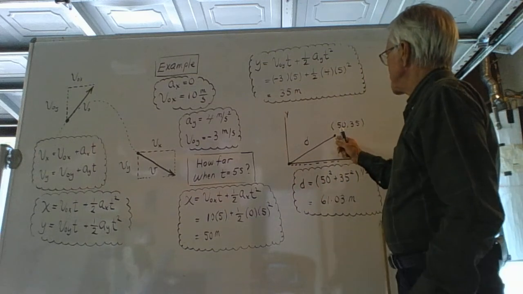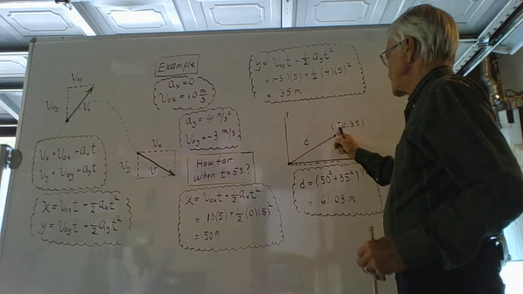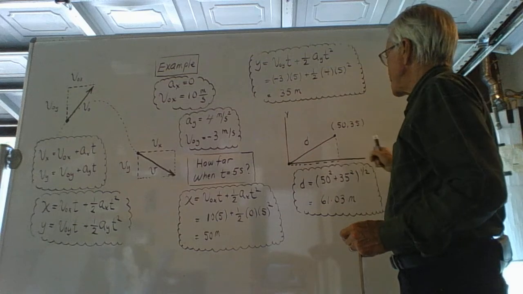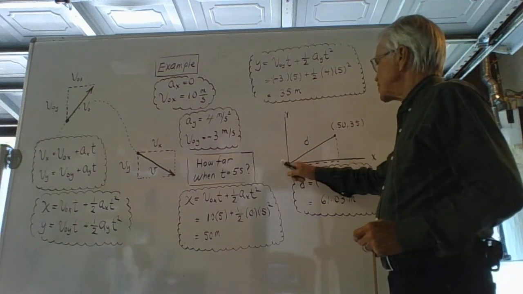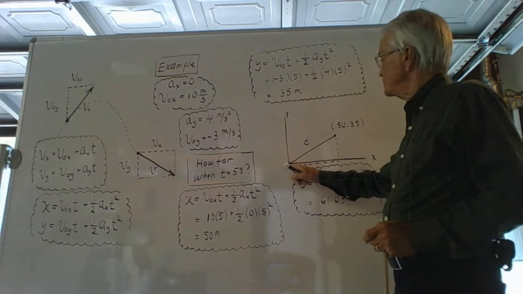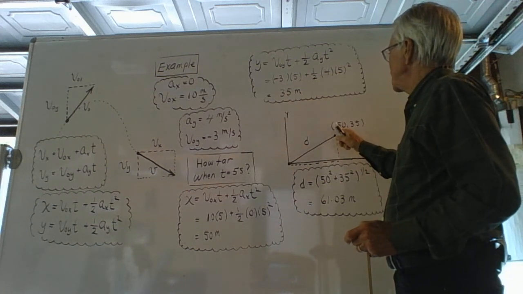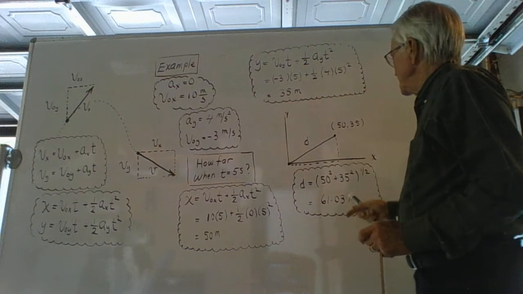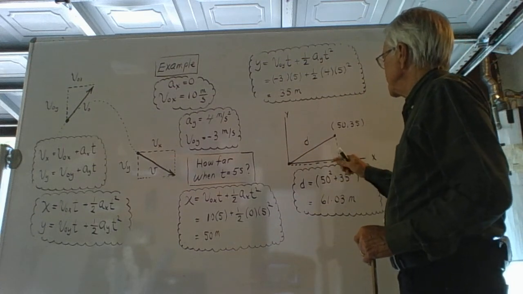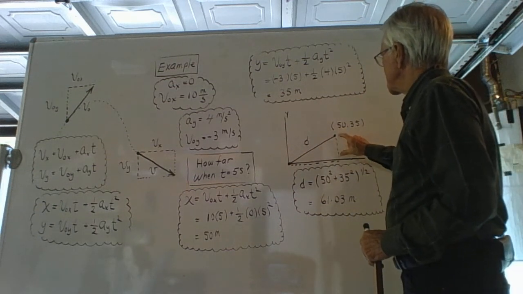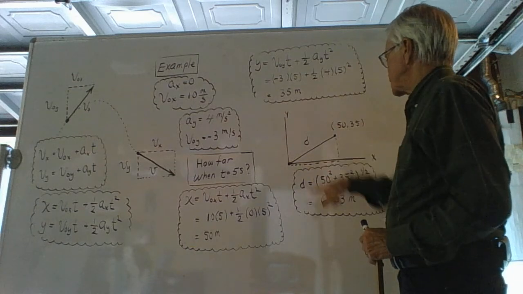And so I show where this object is later on our xy coordinate plane. That's the starting location at 0, 0. That's its later location at x equal to 50, y equals 35. And so we have a right triangle here whose leg height is 35 and whose base width is 50.